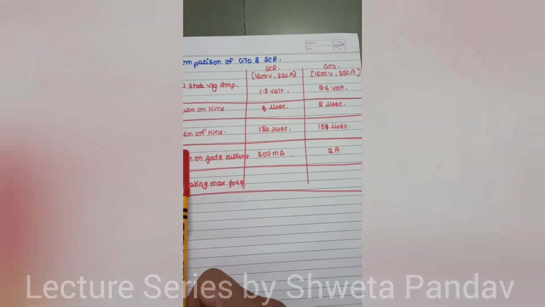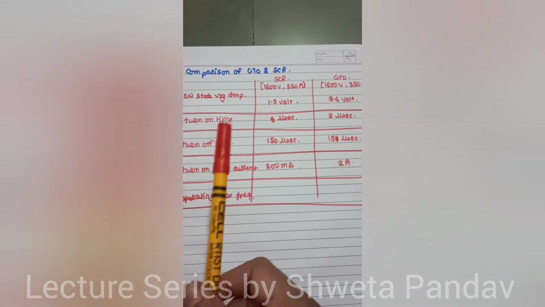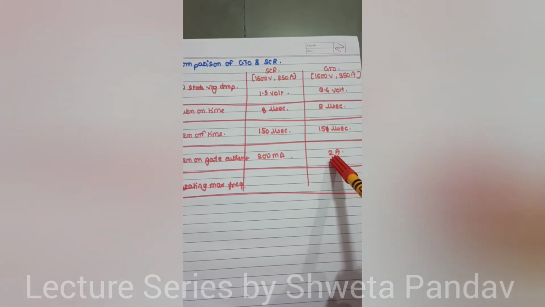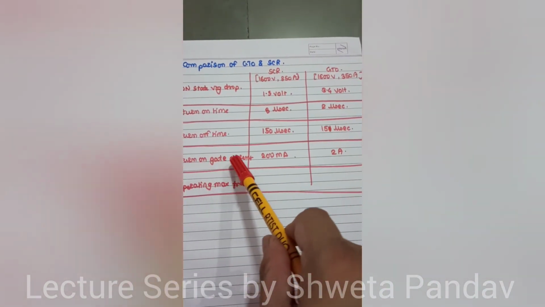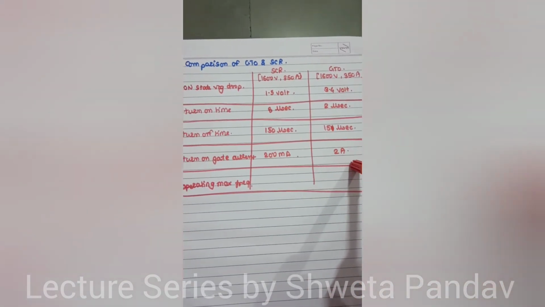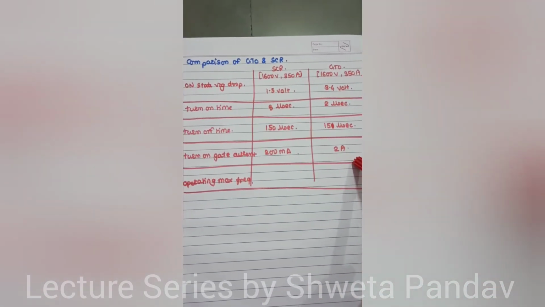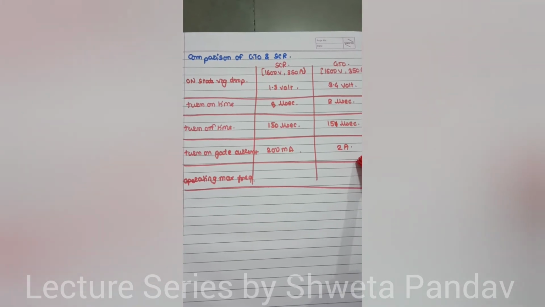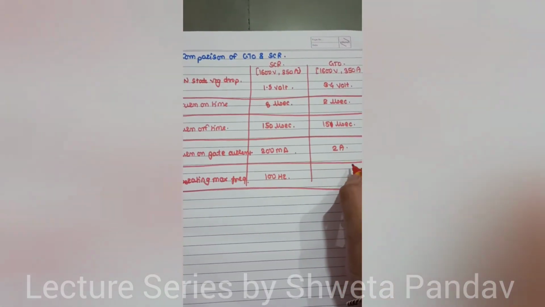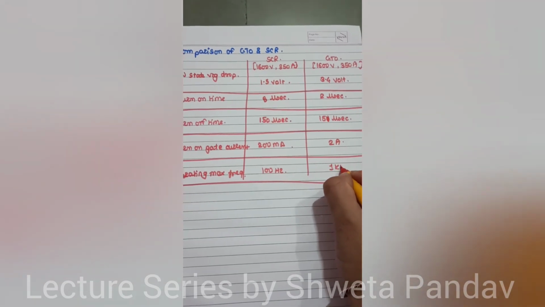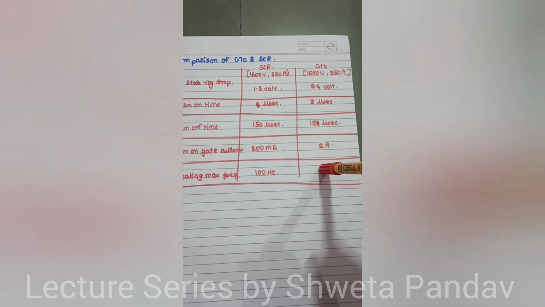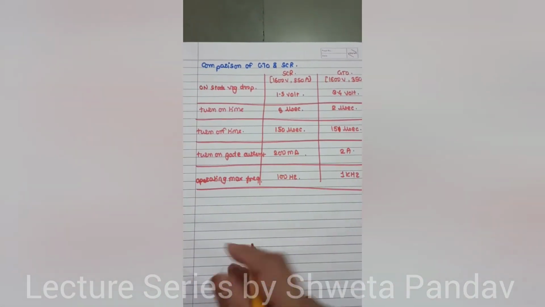So as we said at the very first, the turning on process of SCR is quite reliable compared to the GTO, and the turn on gate current for SCR is very small compared to the GTO. The last one is maximum operating frequency, which is 100 Hz for the SCR and 1 kHz for the GTO, meaning the GTO is faster than the SCR.